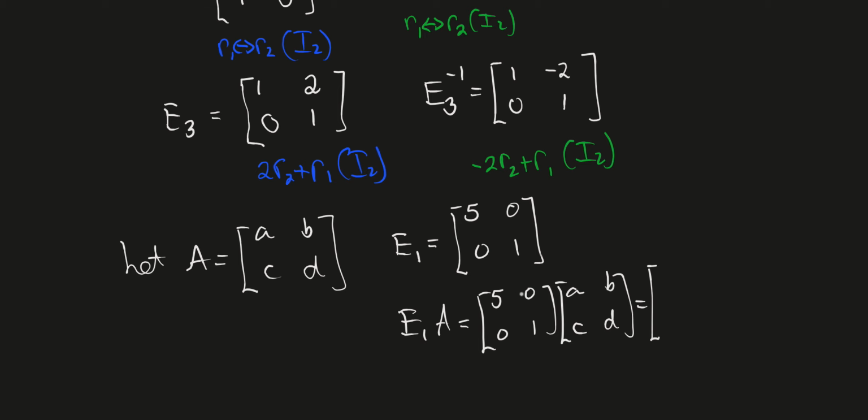Starting with the first row, I'll have 5A plus 0, so 5A plus 0. First row, second column will give me 5B plus 0.